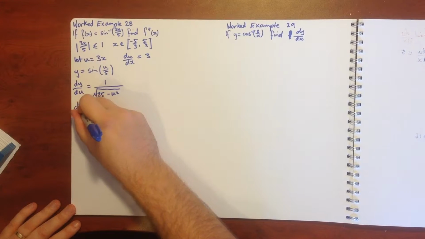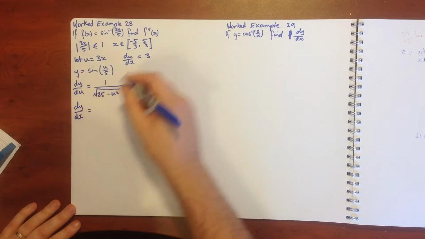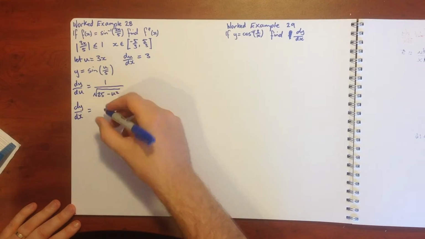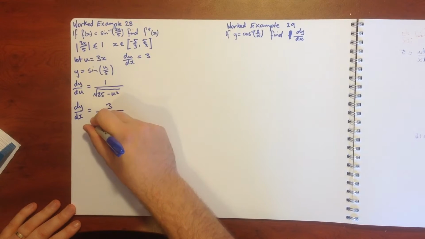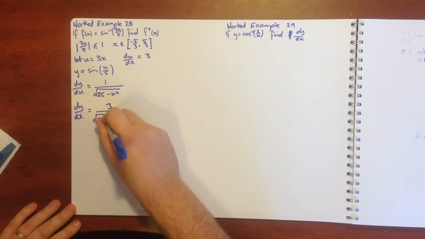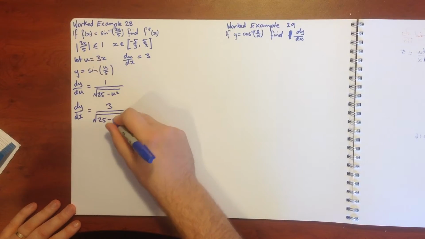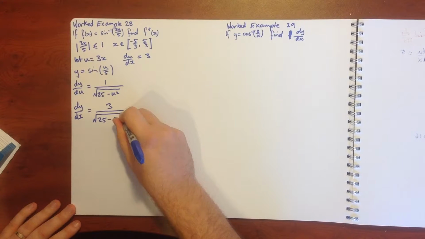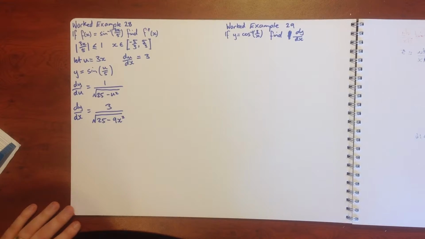So our dy/dx, bring them together, times 3 gives us 3 over the square root of 25 minus u, which was 3x, so that makes it 9x squared. So that gives us our dy/dx.